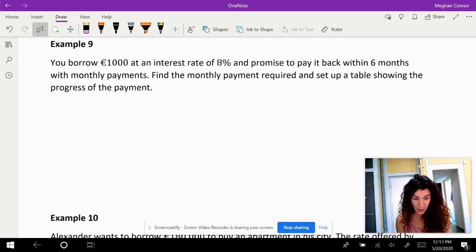So you borrow 1,000 euro at an interest rate of 8% and promise to pay it back within 6 months with monthly payments. Find the monthly payment required and set up a table showing the progress of the payment. So if you're borrowing 1,000 euro at an interest rate of 8%, you don't know what your payment back is, but you do have a present value.